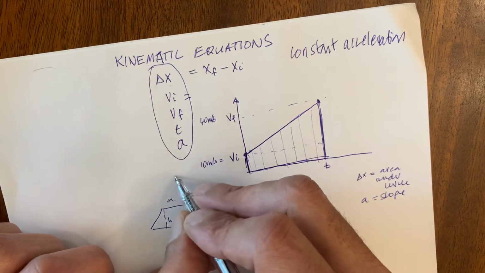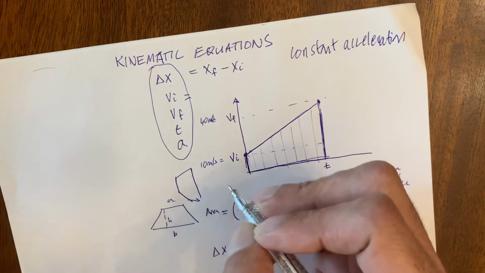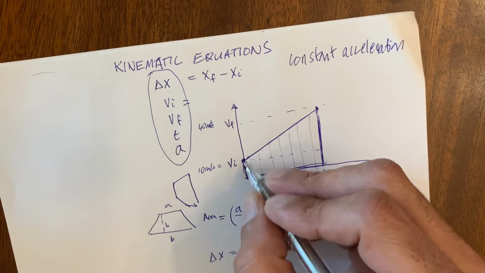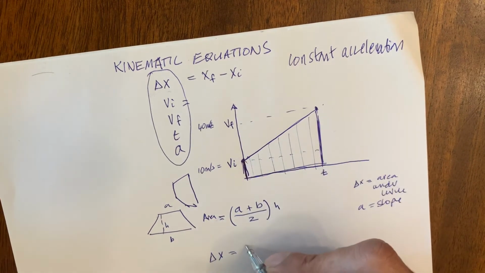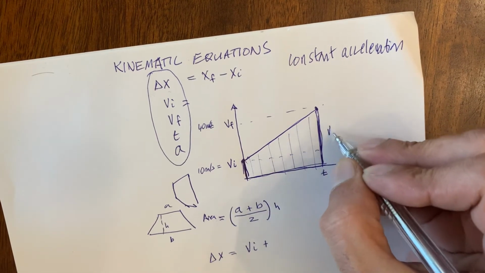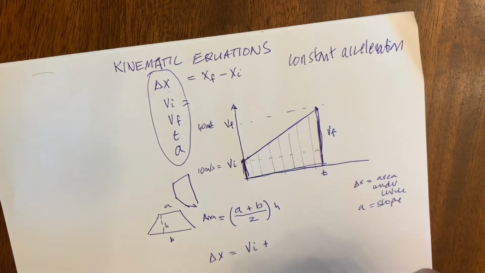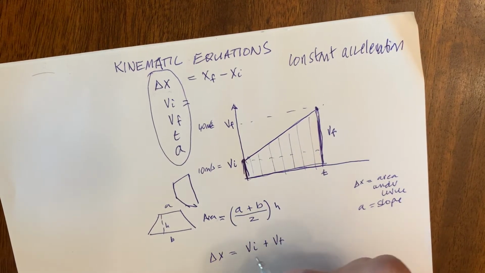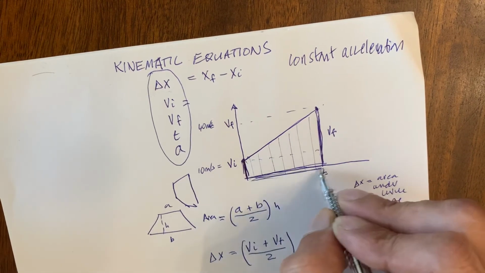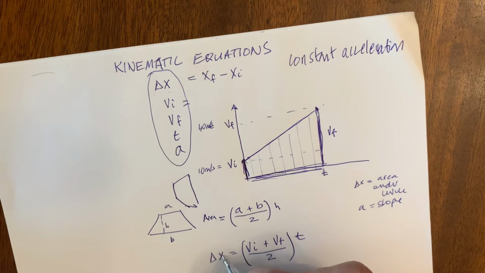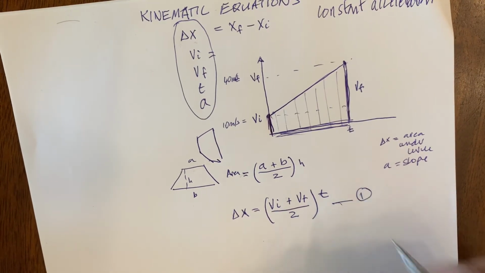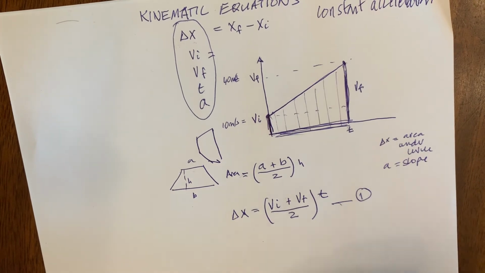So A is the initial velocity, that's this height right there, and B is this height right there, that's got to be Vf. Divided by 2, and h here is your time. And voila, right there is your first kinematic equation, number 1. How do we get that? Simply from here.